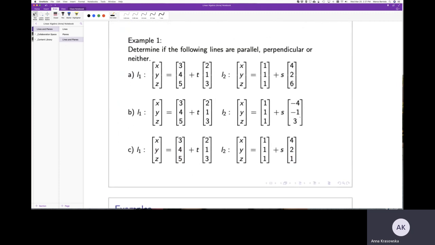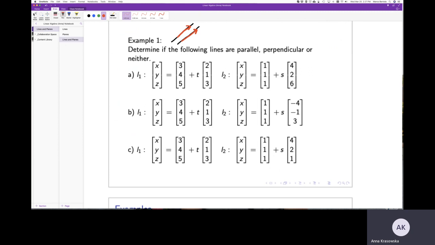We will check if the following lines are parallel, perpendicular, or neither. So let me draw first a quick picture. If we are talking about two parallel lines, obviously the lines do not stop, they are infinite. And vectors along the line are direction vectors of those lines.